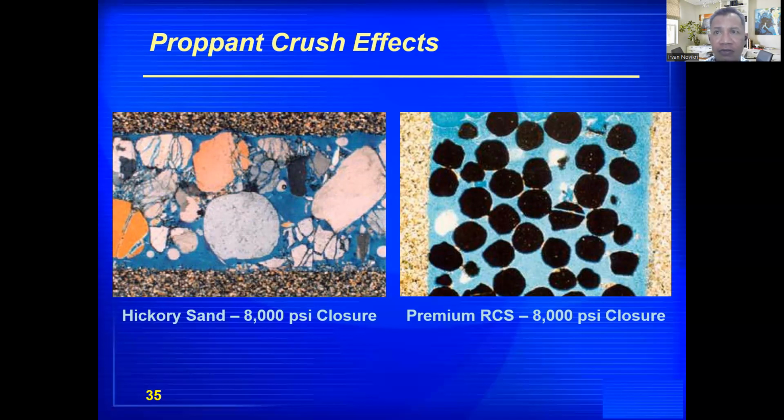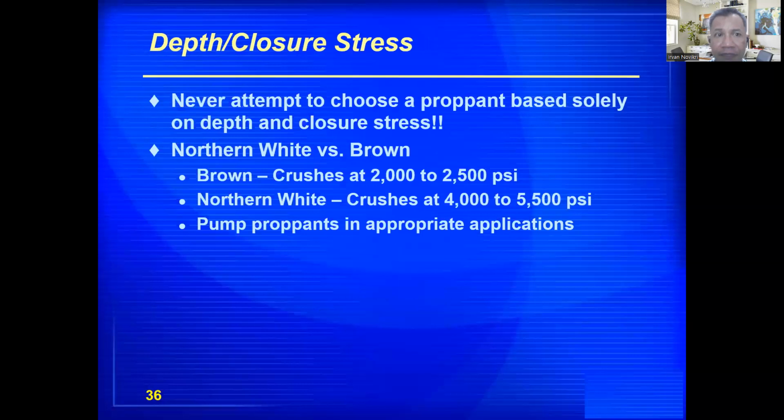On the right, you see premium resin coated proppant at the same 8,000, and you notice that porosity and permeability are maximized. You see one grain right here that is fractured, but you notice that it didn't move. The reason for that is the resin coat keeps the proppant intact.